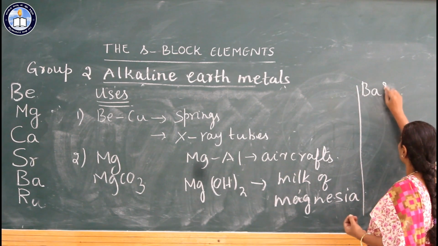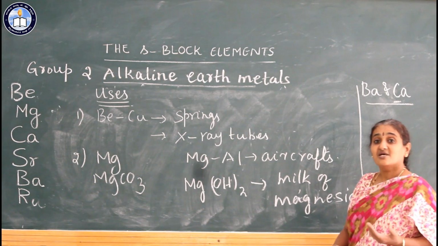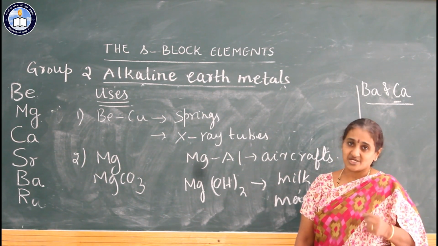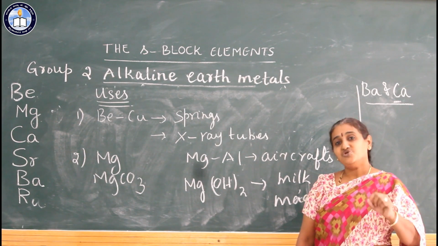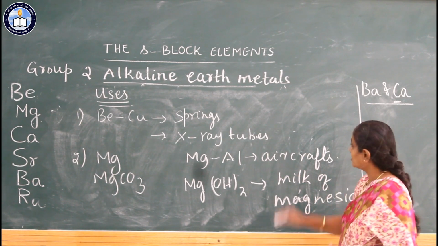Barium and calcium, since they readily react with oxygen and nitrogen, are used to remove air from the vacuum tubes.